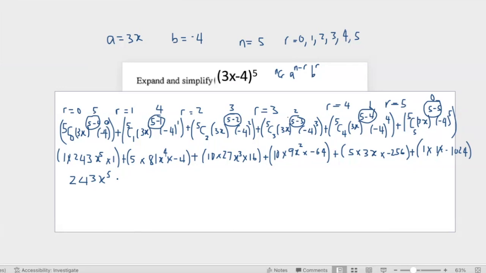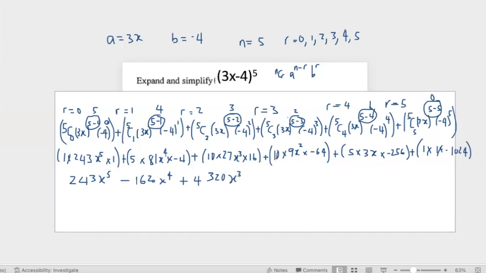So that's minus 1620x to the 4th. Then we have 10 times 27 times 16. That's 4,320x cubed.